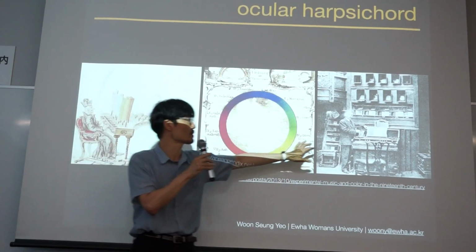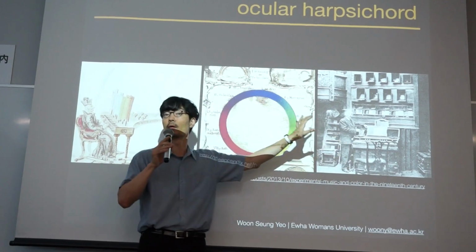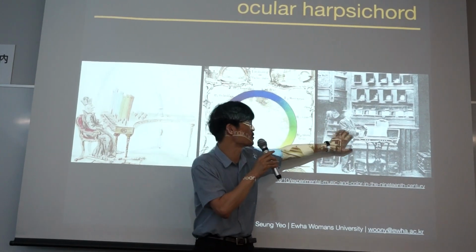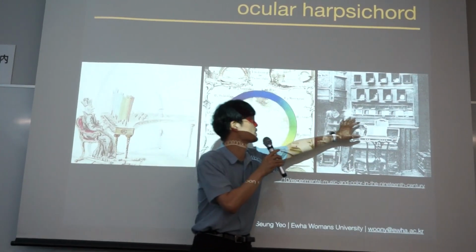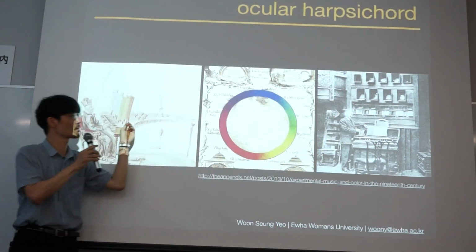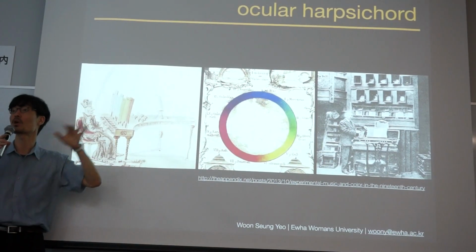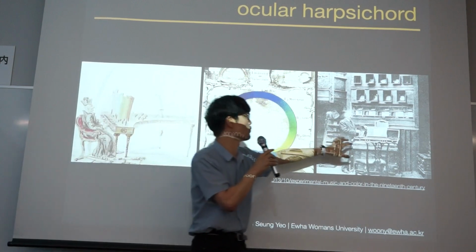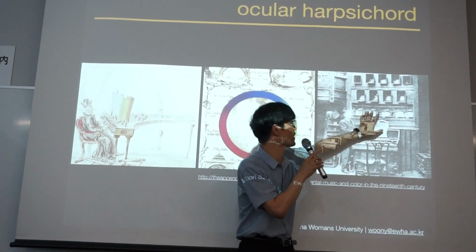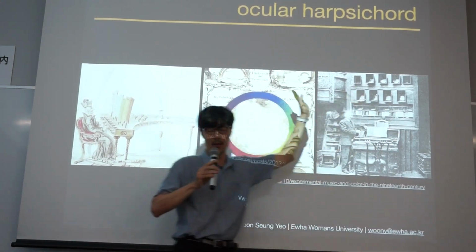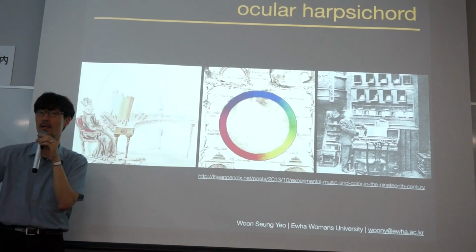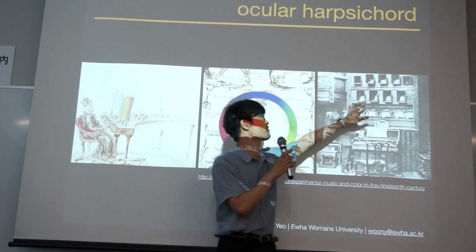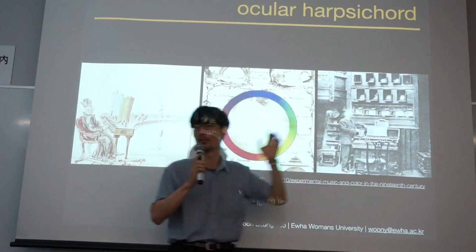This is actually a real instrument which does the pitch to color mapping, right? So we have a keyboard instrument here, and we have a number of windows over there. If you press a key, the corresponding color will be displayed through one of these windows, right?